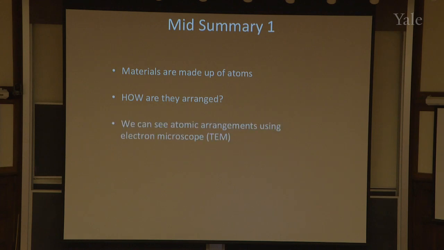And we can see these atomic arrangements using an electron microscope. The T here stands for transmission, so transmission electron microscope, or in short, TEM. The 2 extreme cases of arrangements we talked about were crystalline, where atoms were arranged in an orderly fashion, and amorphous, where atoms were arranged in a disordered fashion. Any questions so far? Good. OK, so let's move on.